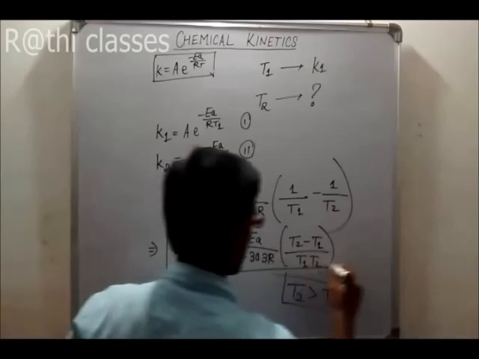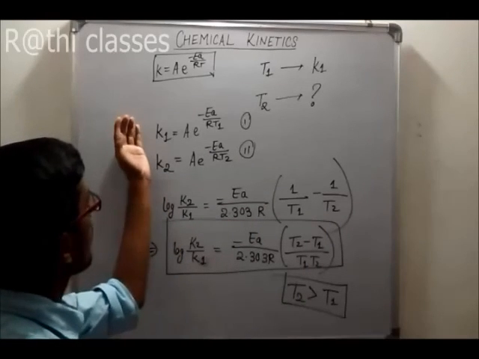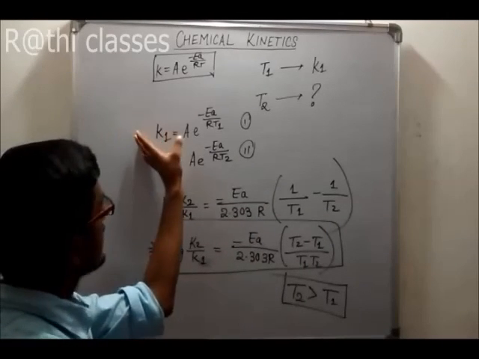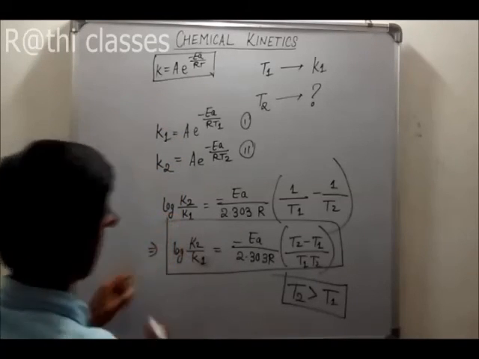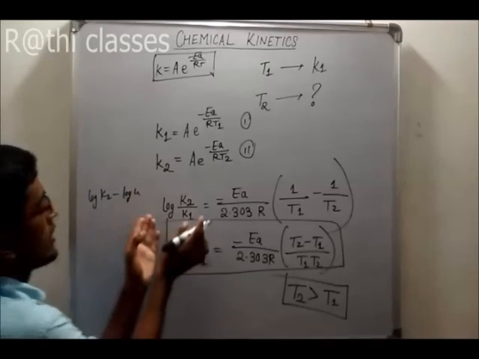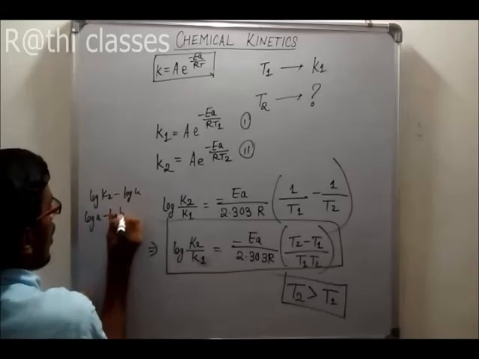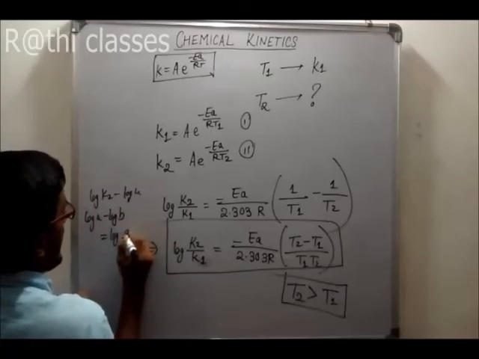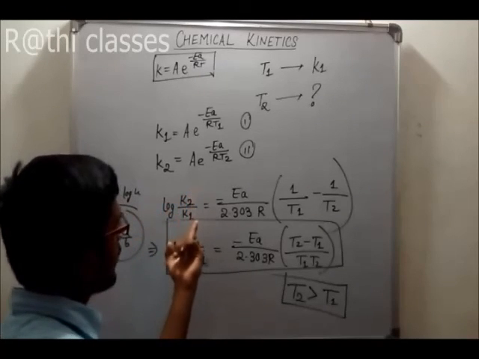So this is the last concept of this chapter, right? We took log on both sides, and after that we subtracted equation 1 and equation 2, and we get log K2 minus log K1. Using the formula log A minus log B is equal to log A by B, we wrote it as log K2 by K1.